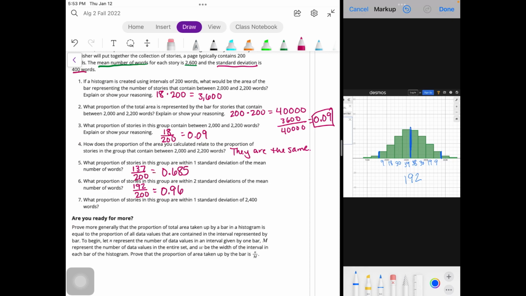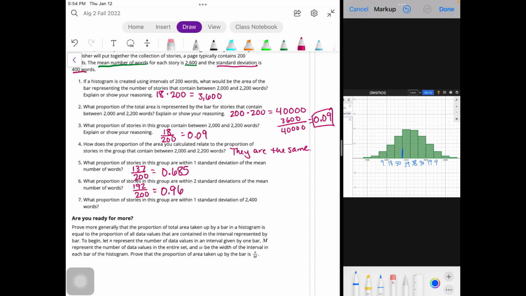All right, so then it says what proportion of stories in this group are within 1 standard deviation of 2,400 words. All right, so we're looking at 2,400 words, and we are going to erase that and that and that. So 2,400 is right here, and then 1 standard deviation is 400 away.